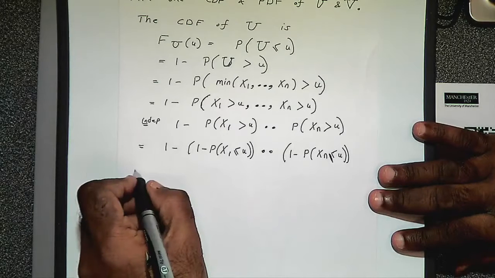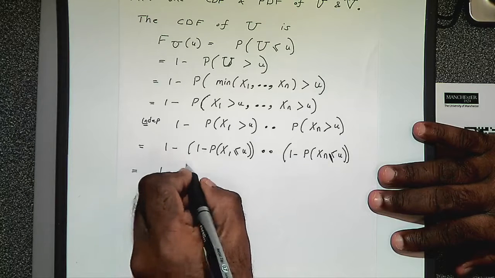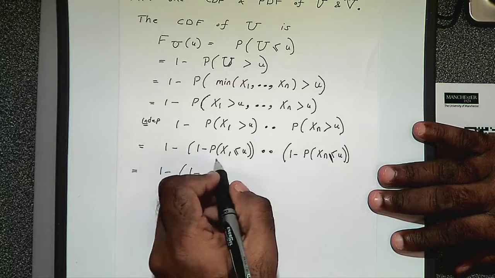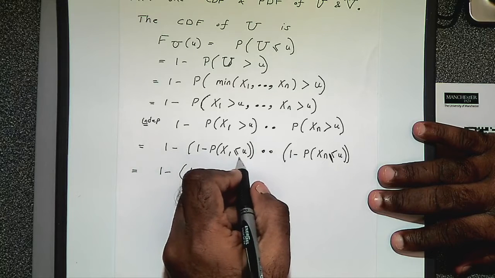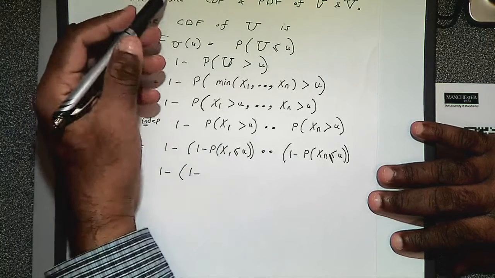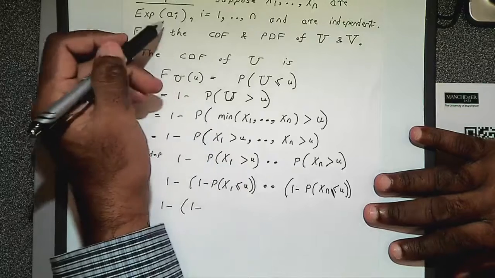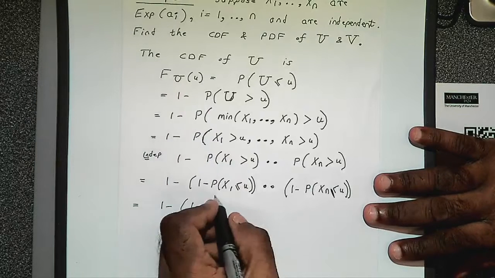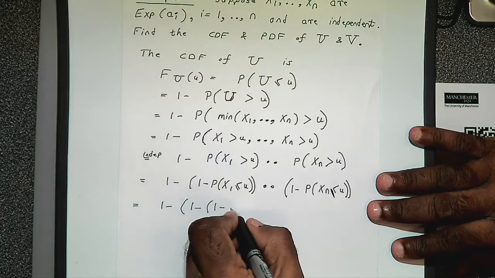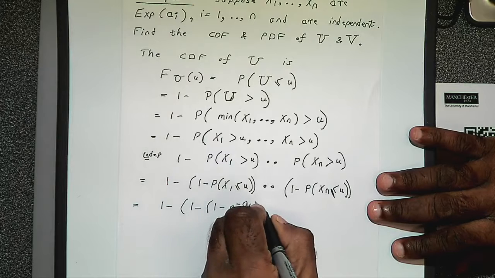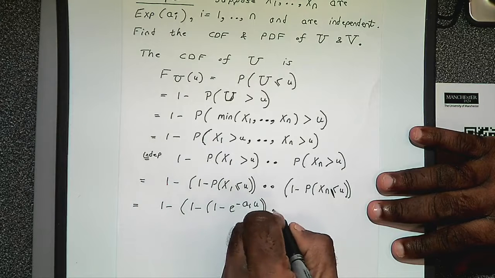Right, now this is where the things change. Now we know that x1 is an exponential random variable with parameter a1, right? A1 is the parameter for x1. So this is going to be 1 minus e to the minus a1 times u, right?